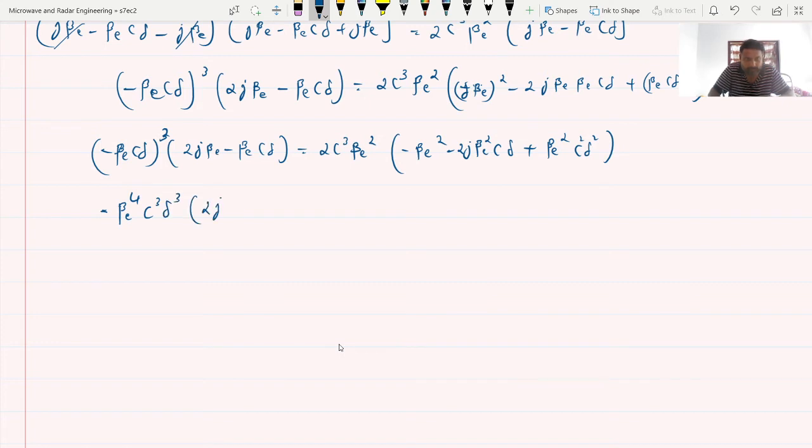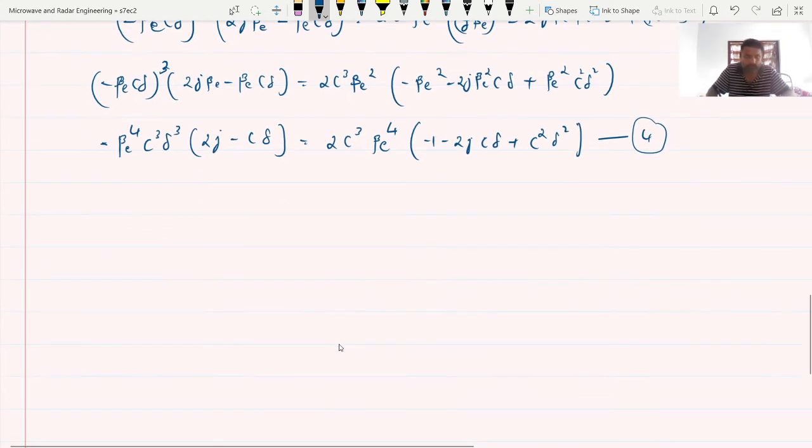Then the left term is 2j minus c into delta, which is nothing but 2 c cube. Here also I will take beta e outside, beta raised to, this is nothing but beta square, here I can take beta square. Each term here I have beta square, so it will be beta raised to 4 into minus 1 minus 2j c into delta plus c square delta square. Call this equation number 4.